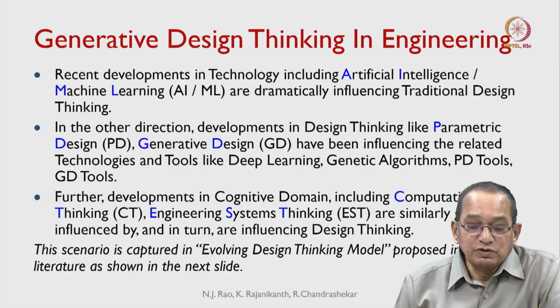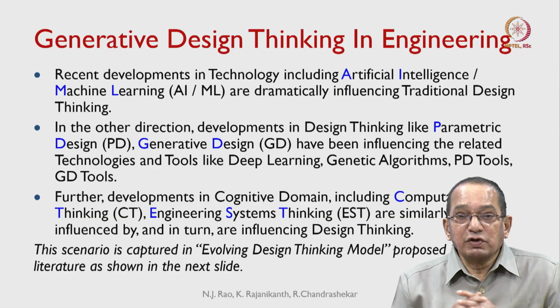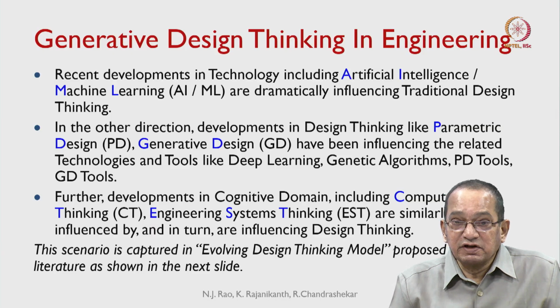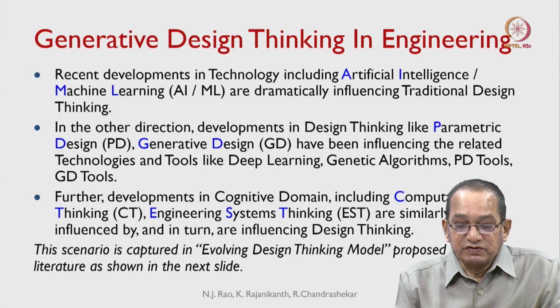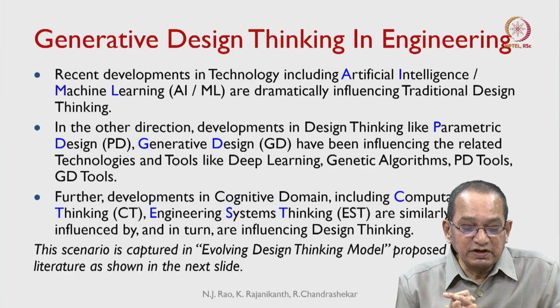Then we come to generative design thinking in engineering. These were influenced by the recent developments in technology, particularly artificial intelligence, machine learning, AI/ML. These have been dramatically influencing all areas of engineering, and they are influencing design thinking also quite significantly.